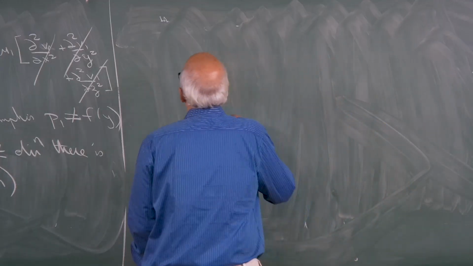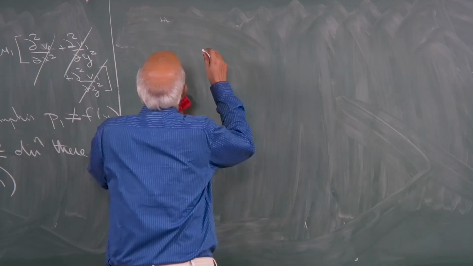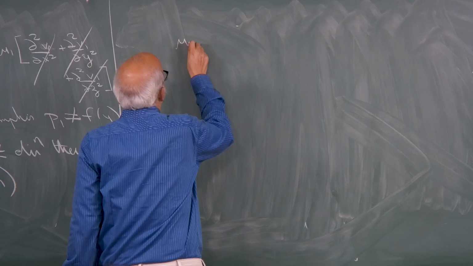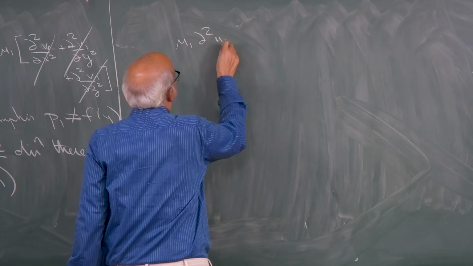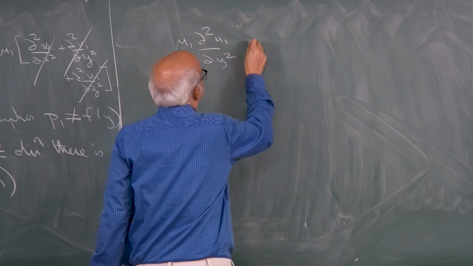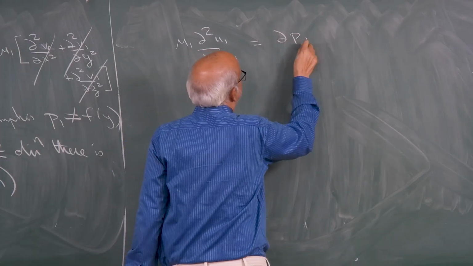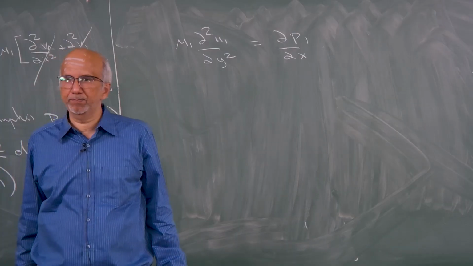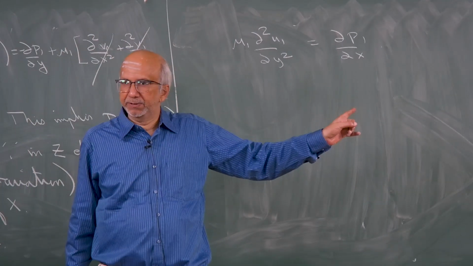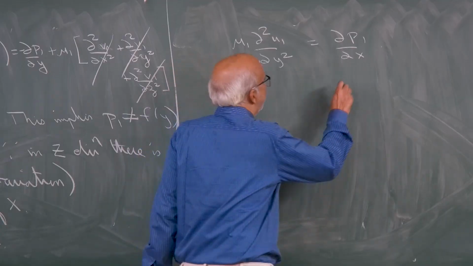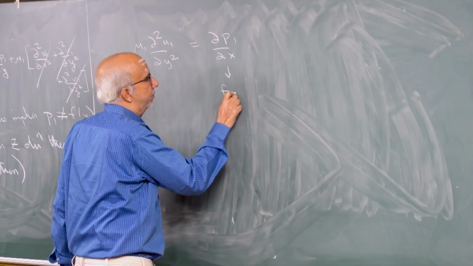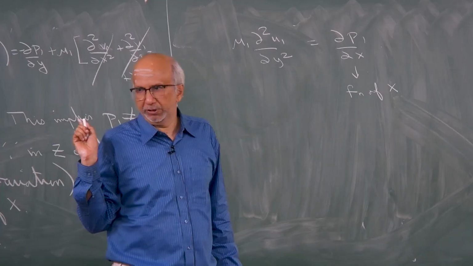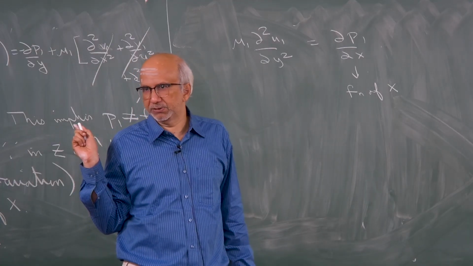What this means is when I look at the right hand side, this is a function of x, it is not a function of y, we already showed that from the y momentum balance.